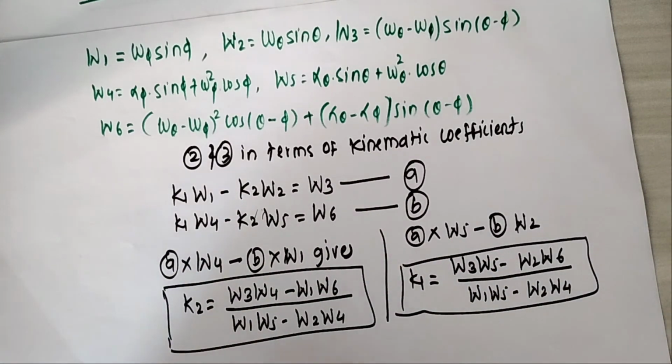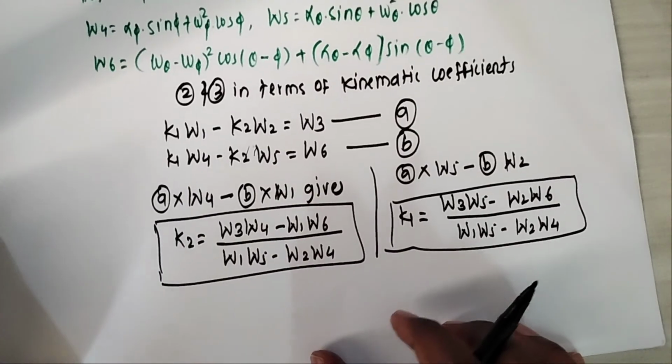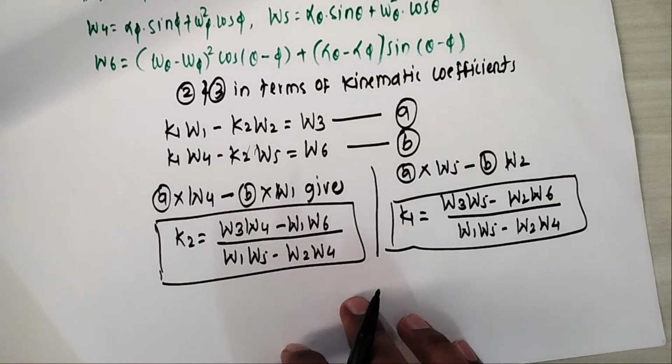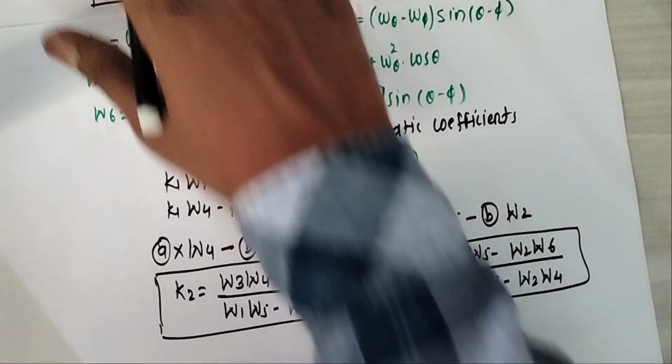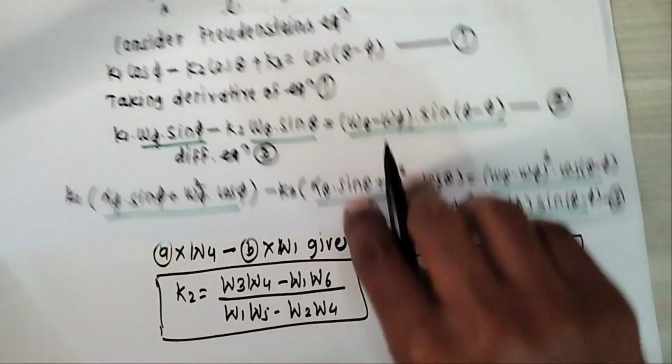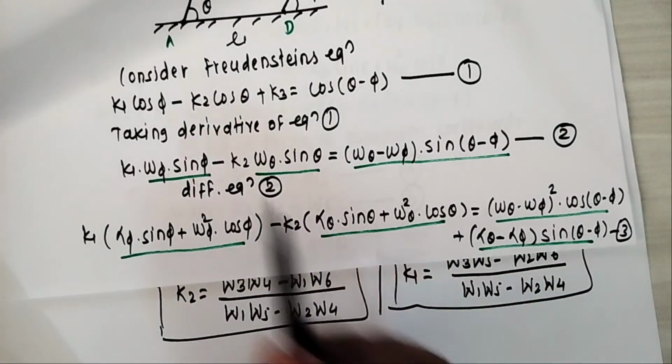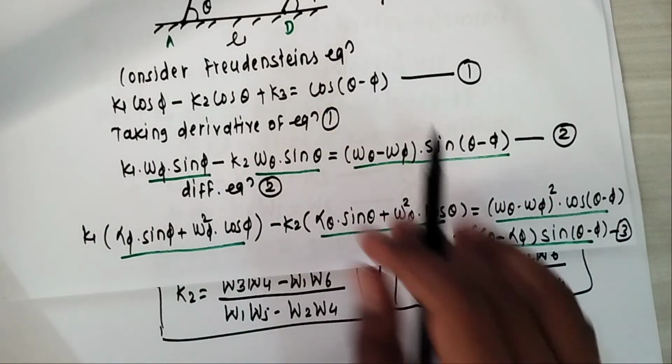Again the procedure is the same. Once you know k1, k2, then put them in any Freudenstein equation, that is, put in equation number 1. If k1 and k2 are known to you, then I can put these values of k1, k2 in equation number 1 so that I get the value of k3.